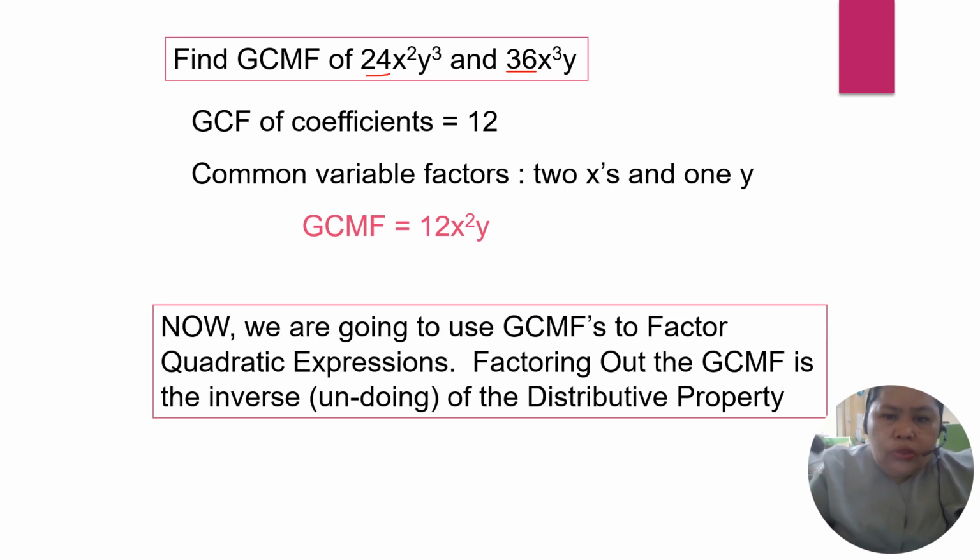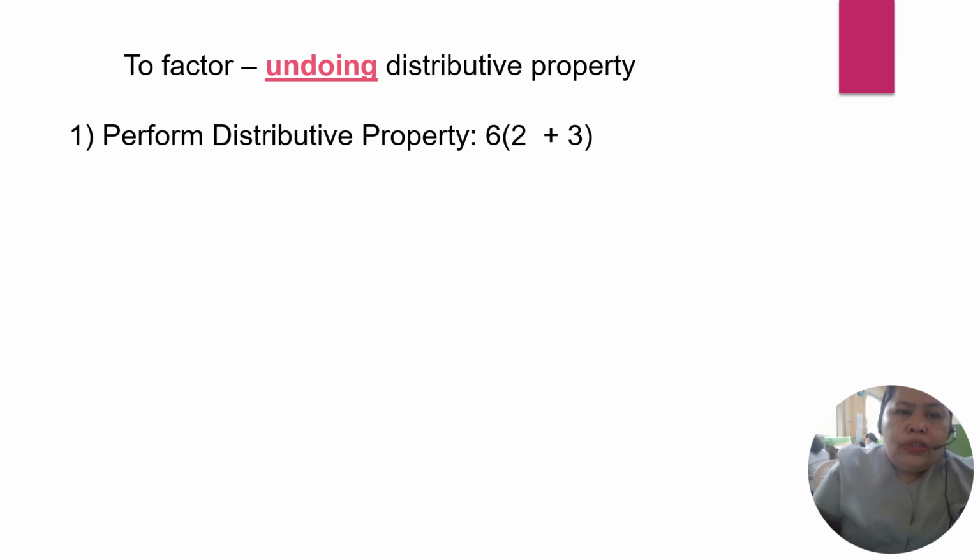Okay, now we are going to use the GCMF to factor a quadratic expression. Factoring out the GCMF is the inverse, or undoing, of the distributive property. To undo the distributive property, first perform the distributive property, like 6 times 2 plus 3. That's 12 plus 18.